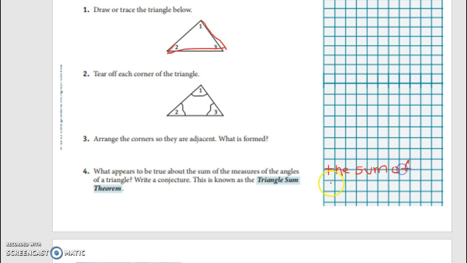The sum of the measures of the angles of a triangle is 180 degrees. And on number 3, if you want to draw just a little rudimentary picture, that works. This is angle 1, 2, and 3, or vertex 1, 2, and 3.